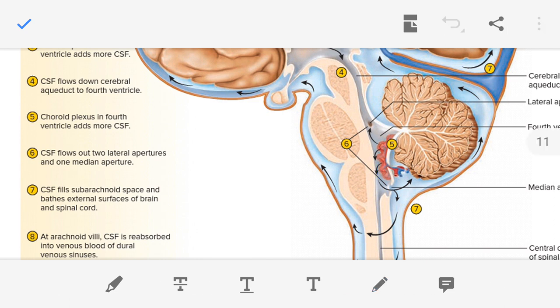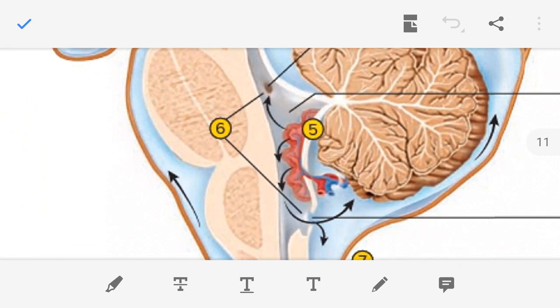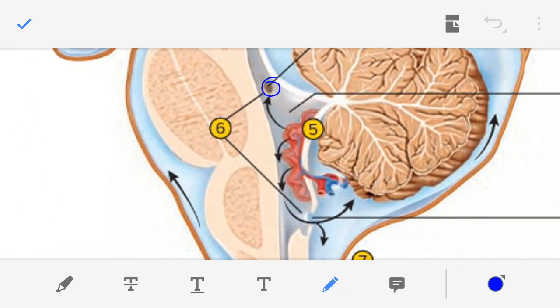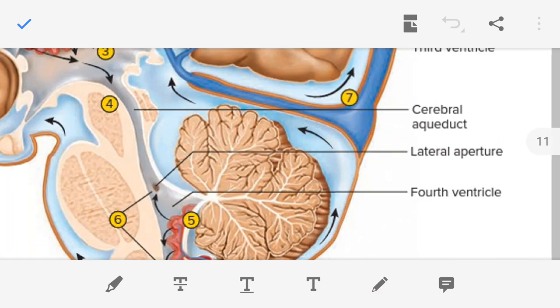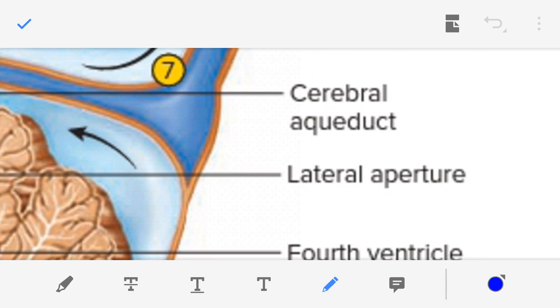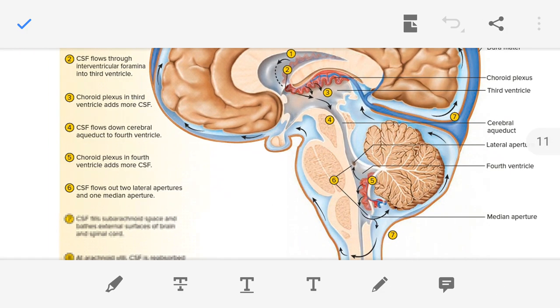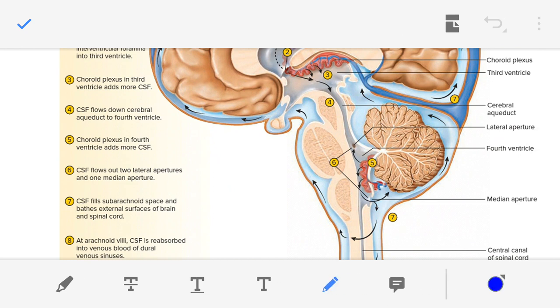Now where is this CSF going? Through this aperture and this aperture. There are two lateral apertures and there is one median aperture.